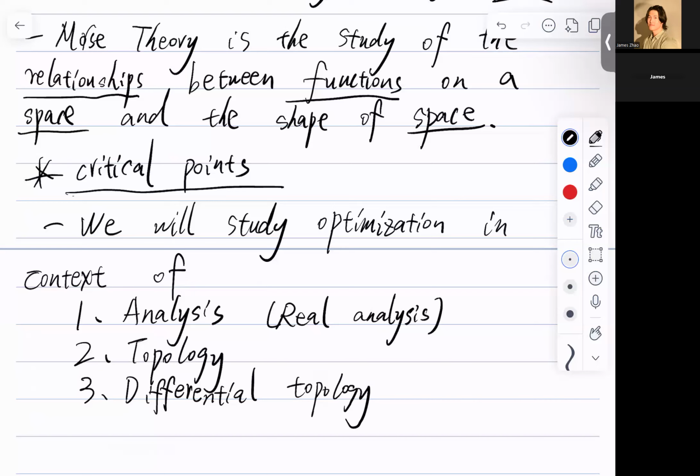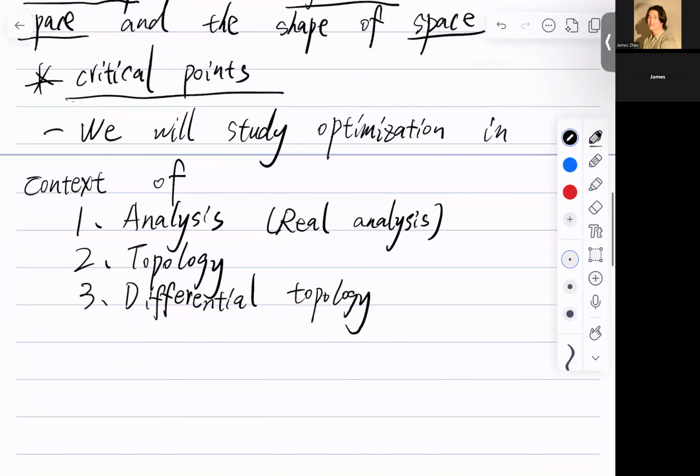At the same time, maybe help you understand some high-level things, not only for Morse theory, but also for optimization, and some cool concepts about elegant problems and how some spaces are constructed, etc. So basically, this is what we're going to cover.